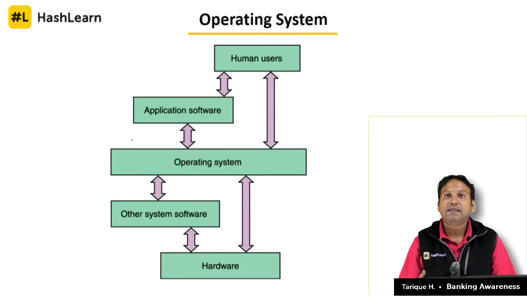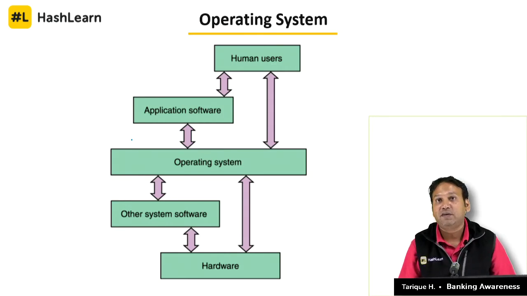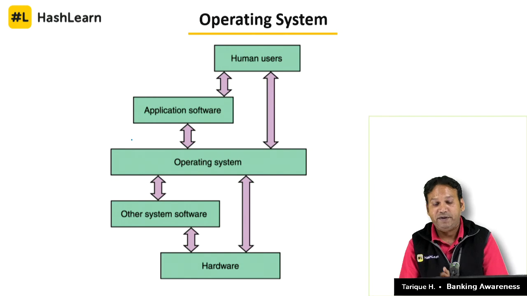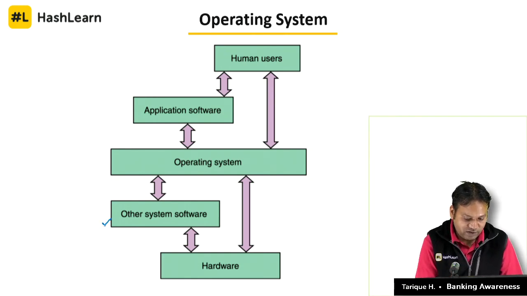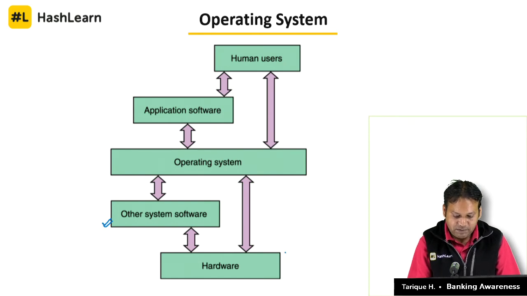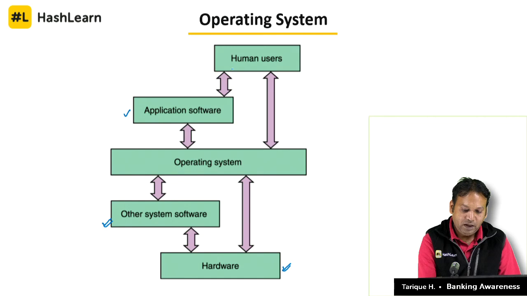So what is an operating system? It's a system software. There are also application softwares, and other system softwares like drivers, which help you interface with the hardware. The human users interact with application software. The application software then interacts with the operating system.